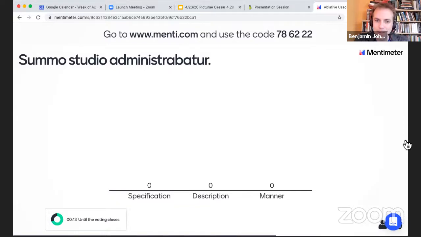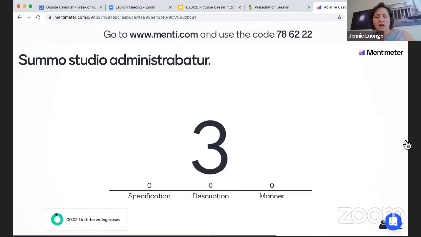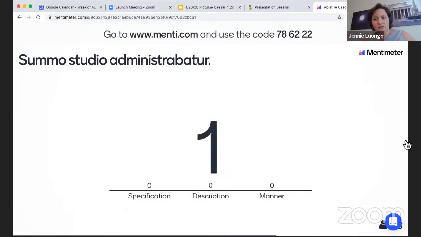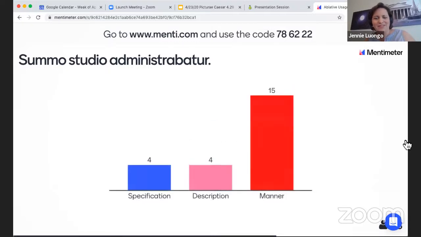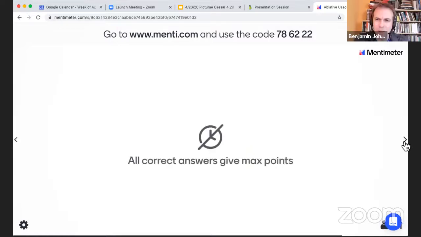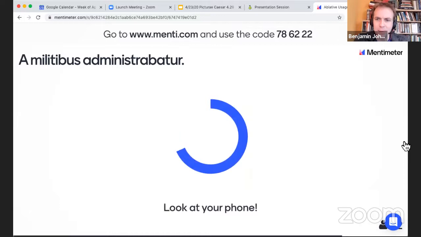Sumo studio, I think, is typical for this kind of ablative. It would be my go-to guess, even if I didn't understand what was going on. But luckily, I do. So that's an advantage. It was being administered, it was being managed, sumo studio, with the highest eagerness. So that is how they did it. That was the manner. Replace it with an adverb, like very eagerly, and that can help you with manner.